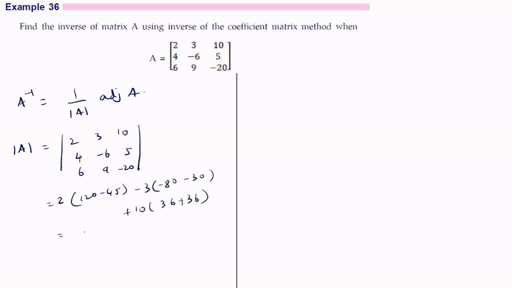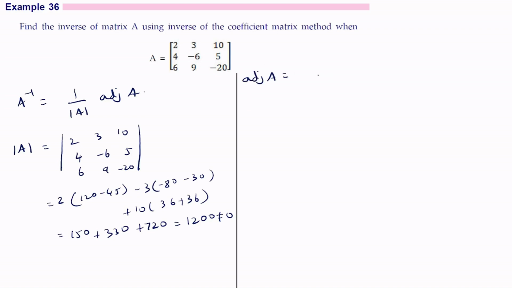When we simplify, we get 150 plus 330 plus 720. This is equal to 1200. This is not equal to 0, so we can find the inverse of A. Now let us find the adjoint of A.